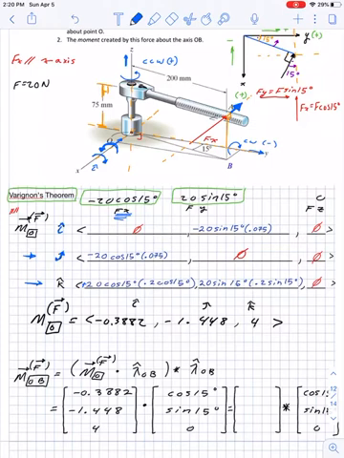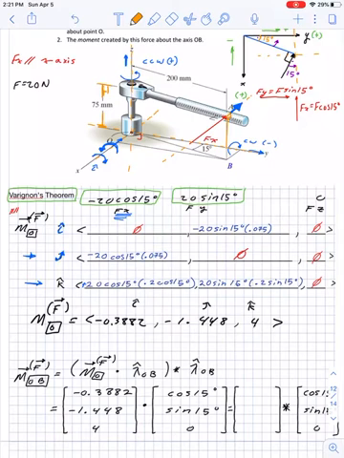And now we need the minimum distance. Remember that the minimum distance is from that axis. Varignon's theorem says that any point on this axis, so we could stretch this, any point on that axis, works.